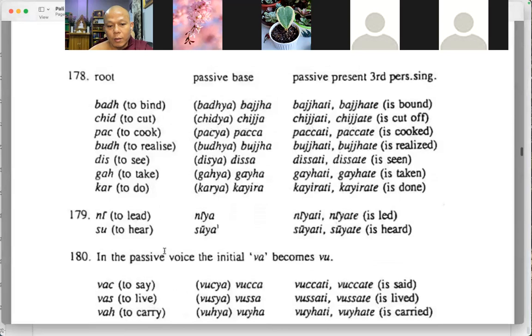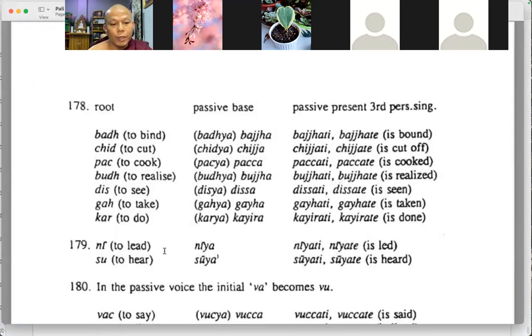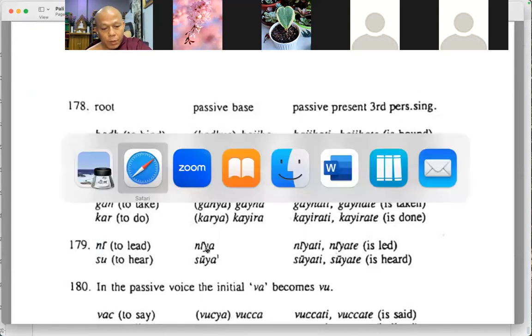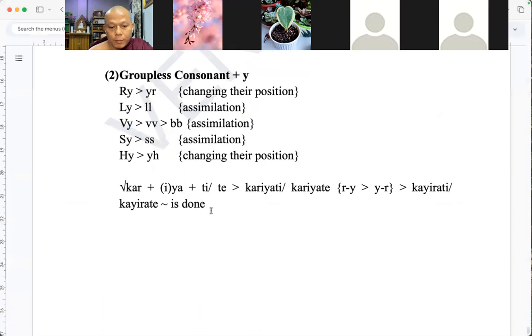Now we have some rules. Roots ending in a vowel, like root ni, root su, root ta, and so on. At that time such a change is irregular, or there is no change.